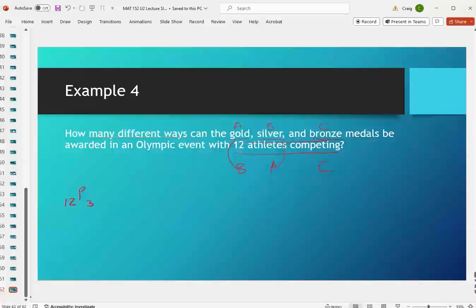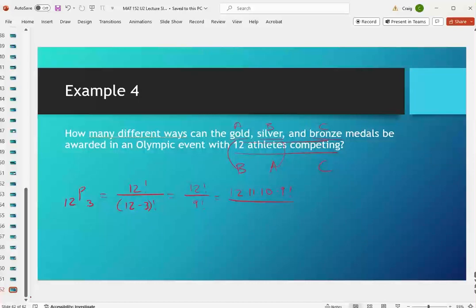We're choosing 3 again. So 12 factorial divided by 12 minus 3 factorial. That's 12 factorial over 9 factorial, which is 12 times 11 times 10.